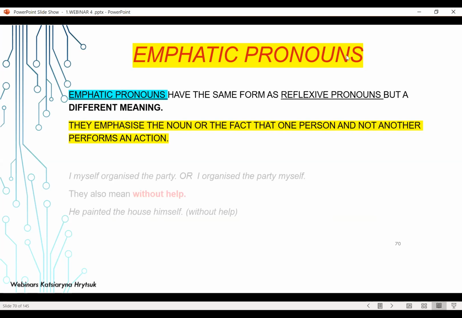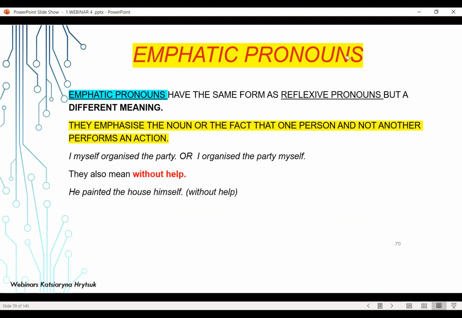Let's see the example. I myself organized the party, and I organized the party myself. So they also mean without help. This is another one. Look, it means no one helped me. I did it alone, and you want to specify, I did it. No one helped me.